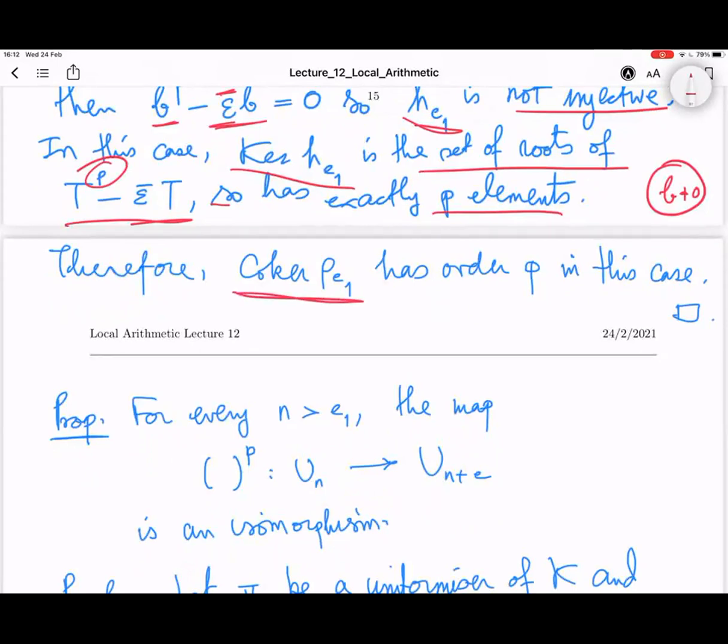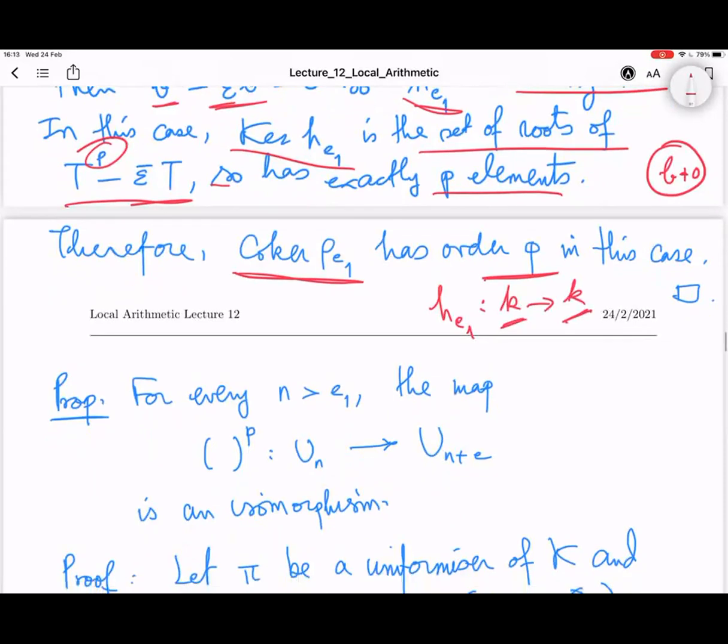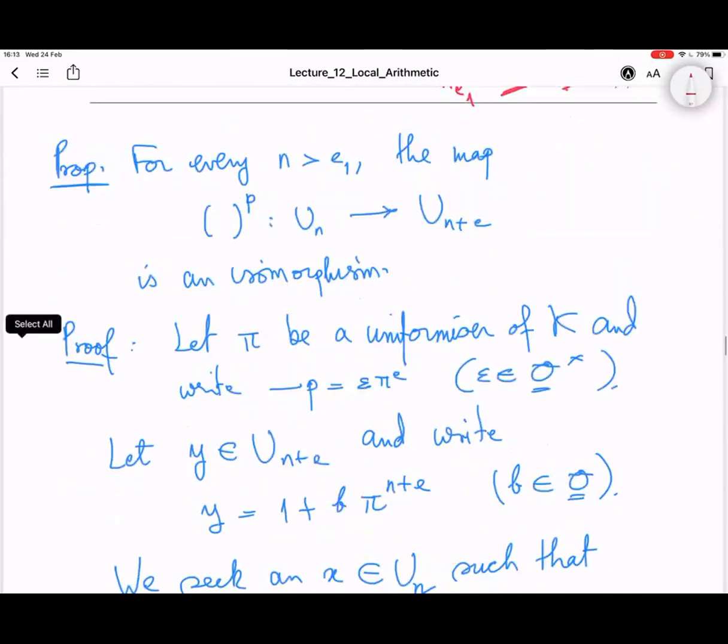therefore the co-kernel also has order p, because it's a map. H of E1 is a map from k to k. So if the kernel is of dimension 1, then the co-kernel will also be of dimension 1, right? Okay.